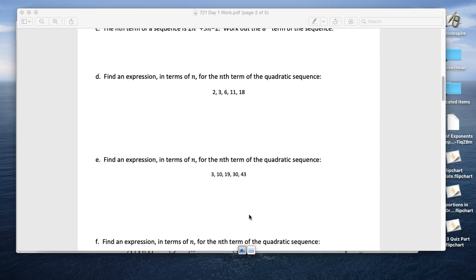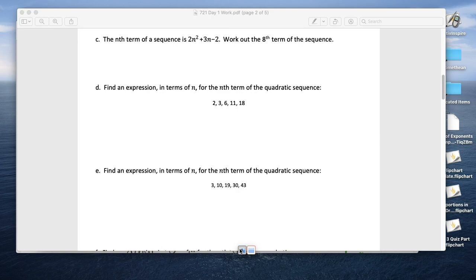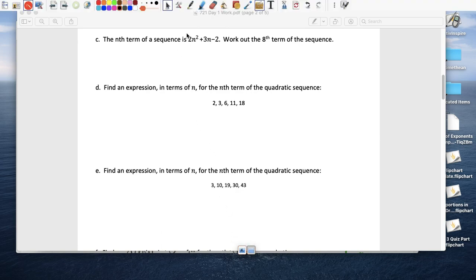Alright, so the rest is pretty self-explanatory, but this one is asking us for the 8th term in this sequence. So instead of n, I'm going to plug in 8 in here and plug in 8 in here, right? So we're going to get 2 times 8 squared plus 3 times 8 minus 2. Well, let's follow the order of operations, please. 8 squared is 64.